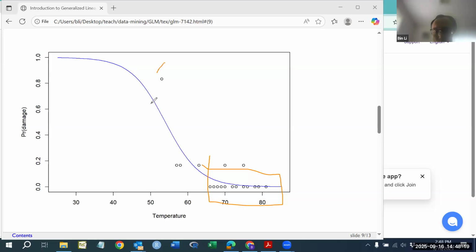But when the temperature is close to 50, the chance is very high. And on the day of launch it was 31, something like that, so the probability of having damage is almost 1.